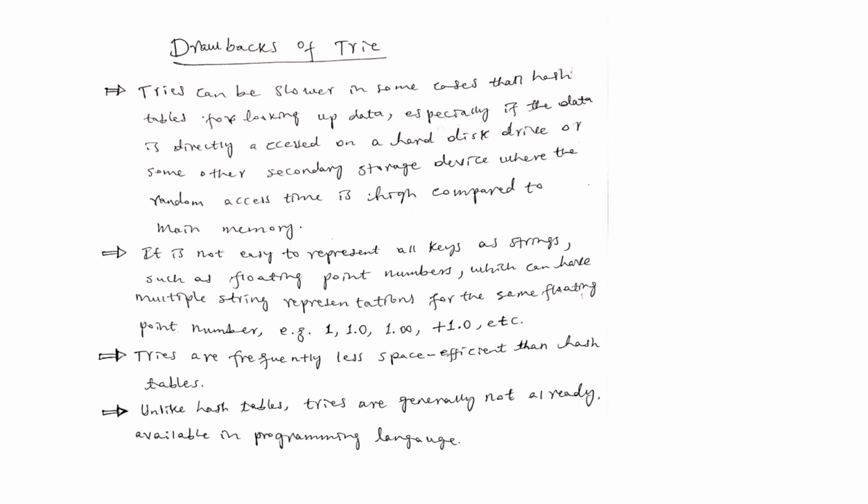It is not easy to represent all keys as strings, such as floating point numbers, which can have multiple string representations for the same number. For example, 1, 1.0, 1.00, we cannot represent this in a tree.